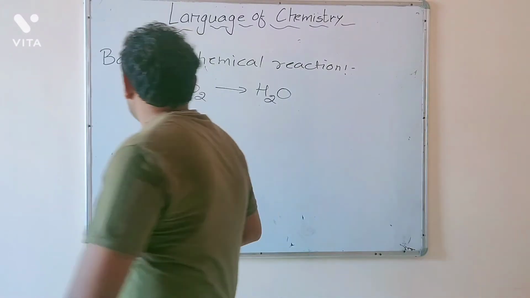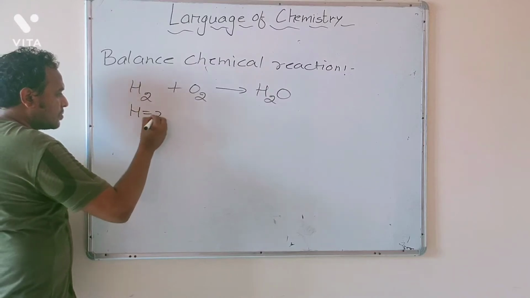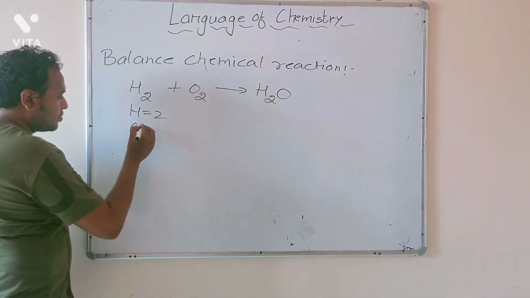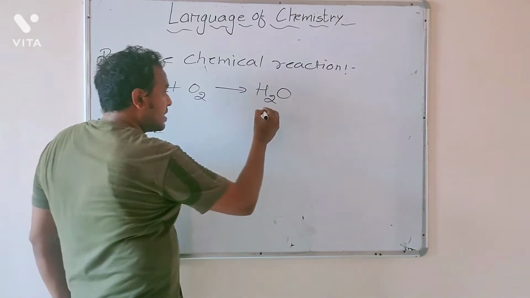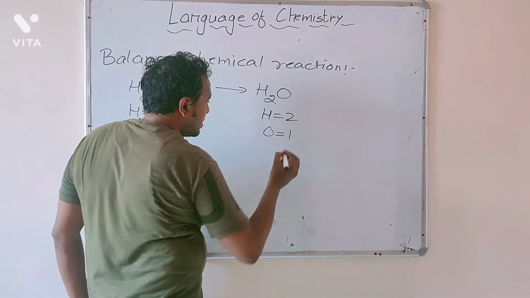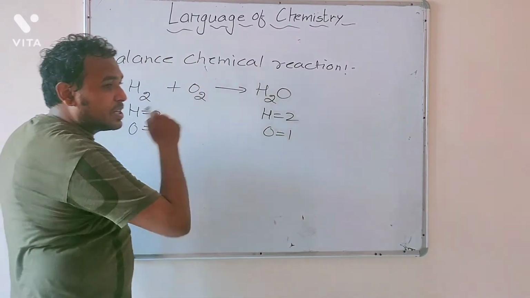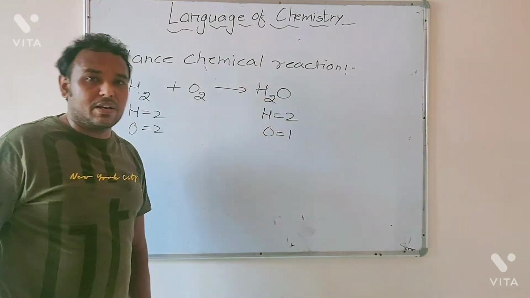For example, the number of hydrogen atoms on the reactant side is 2 and oxygen is also 2. But on the product side, the number of hydrogen atoms is 2 while oxygen atom is 1. So this chemical equation is not balanced. So we have to balance this chemical equation.